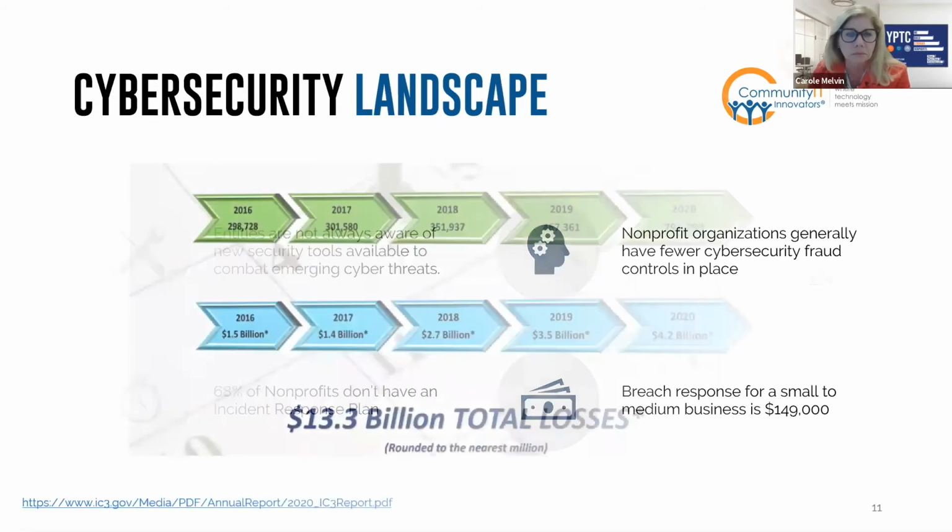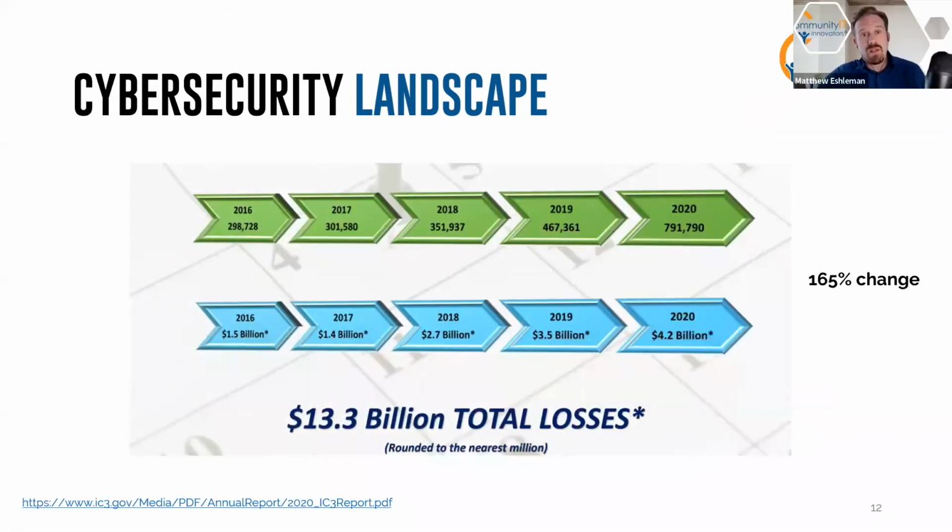Mm-hmm. Yeah, so the data that we take a look at is provided from the FBI's Internet Crime Complaint Center. And this shows just the increase in the amount of cybercrime over time. So here we can see, starting in 2016, there was about $1.5 billion worth of cybercrime activity.